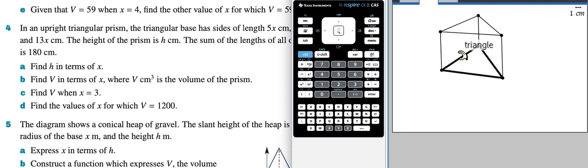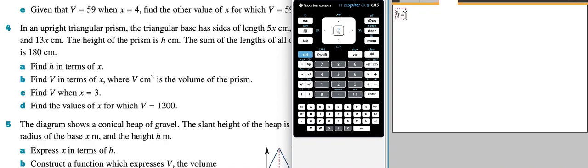So I've got 12x and 13x is 25 plus 5 is 30, double it, which will be 60. So basically I've got 3h equals 180, all right, and of course plus what did I say, 60x, all right.